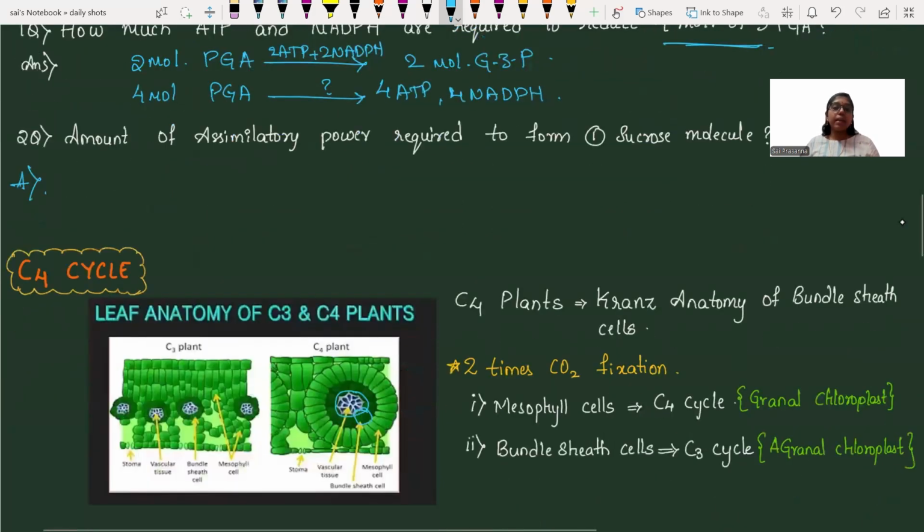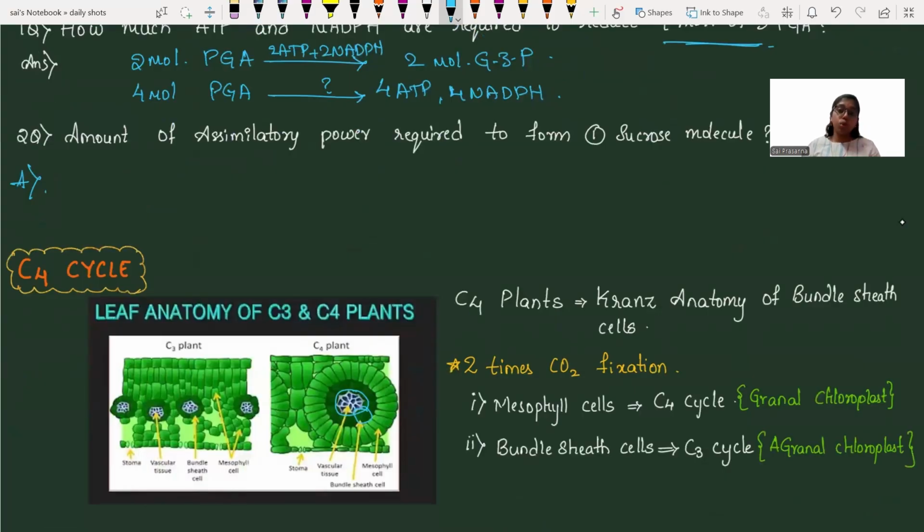Amount of assimilatory power required to form 1 sucrose molecule. You know how many carbons sucrose has? 12 carbons, right? And how many does glucose have? 6 carbons.